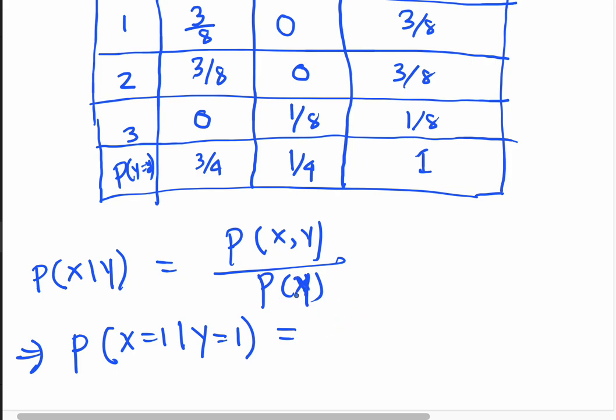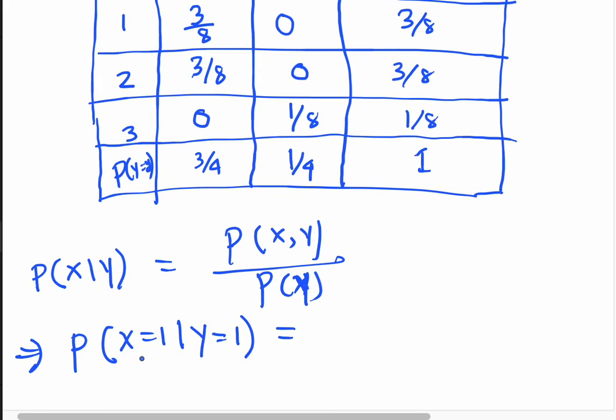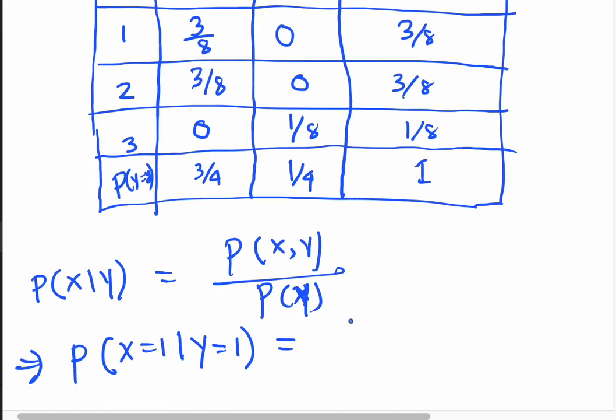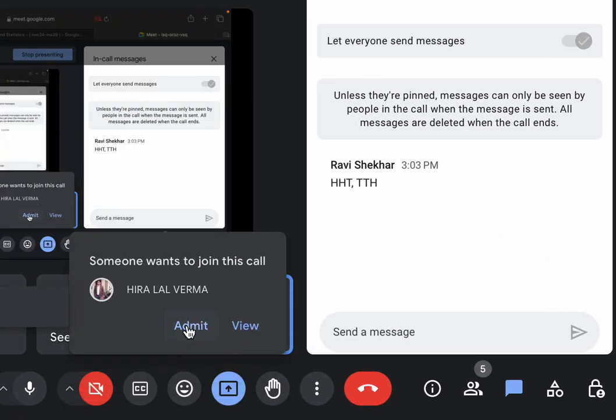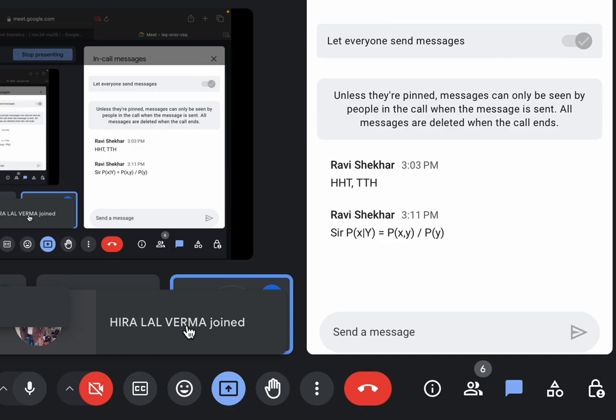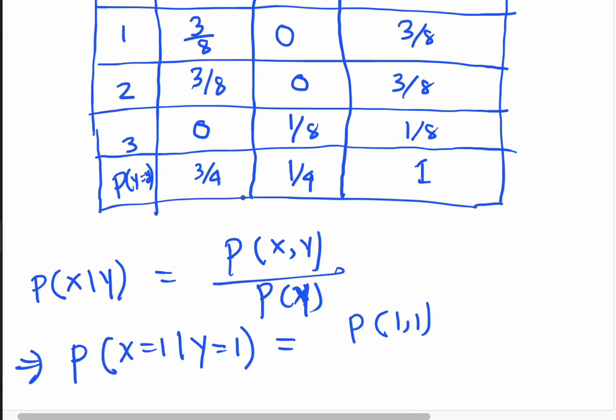So we will see what is the value of P(X,Y), that means both are 1, so P(1,1). I have corrected it.